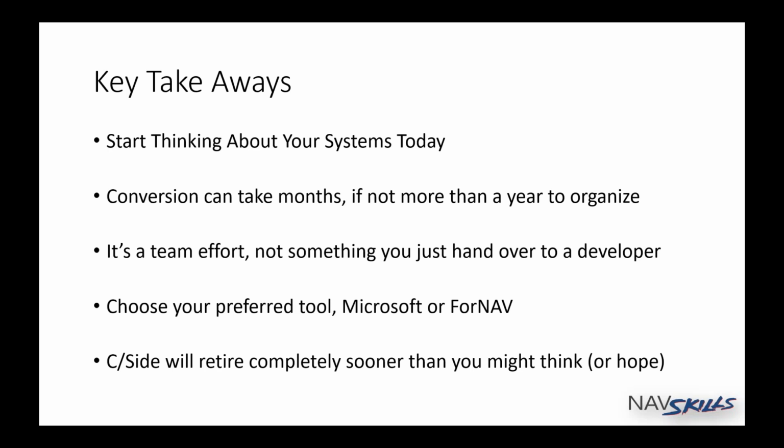Okay. Is it possible to use suffix or prefix for AL in ForNAV Converter? That's a good question, and I think Michael has to answer that. Right now, no, but it should be fairly easy to add. Michael? Yeah, we heard the question from some people, and we're looking at adding that to Converter.